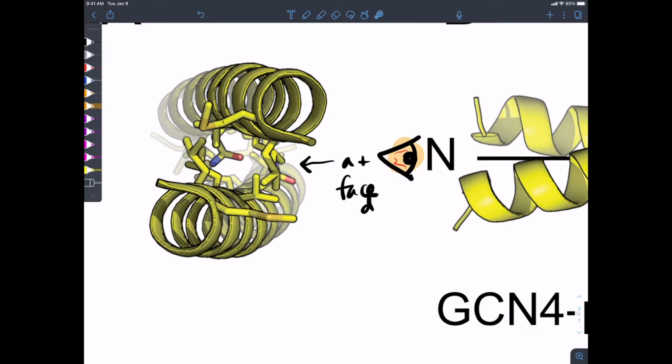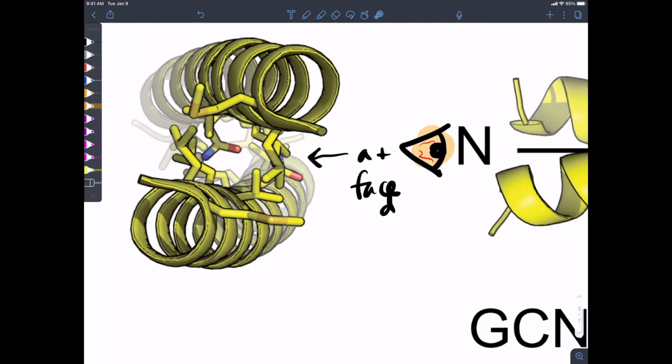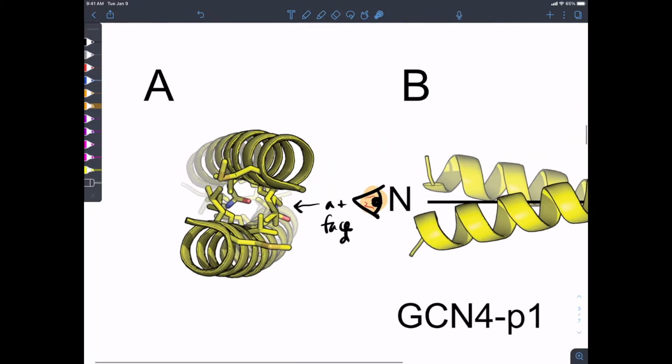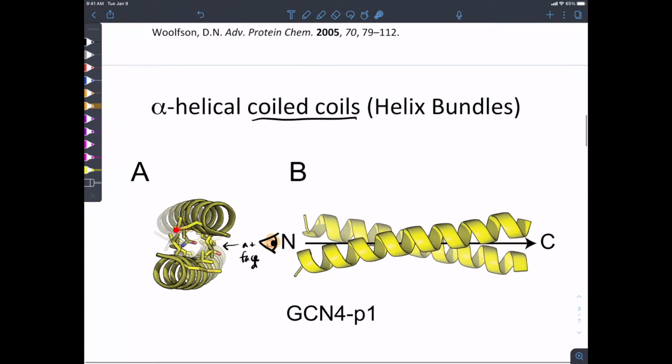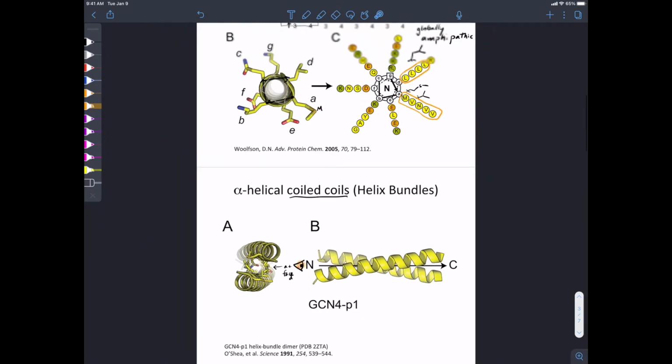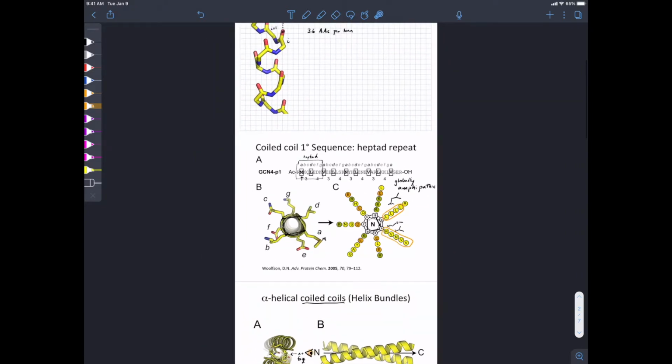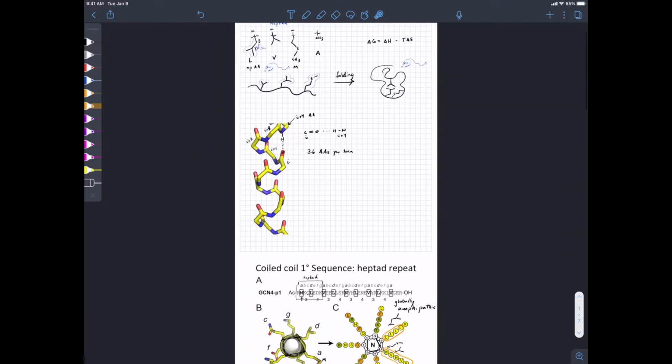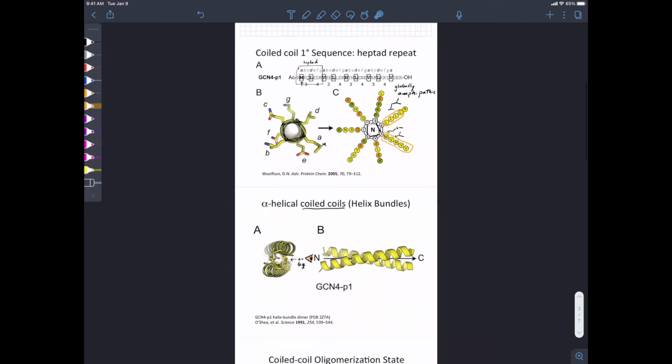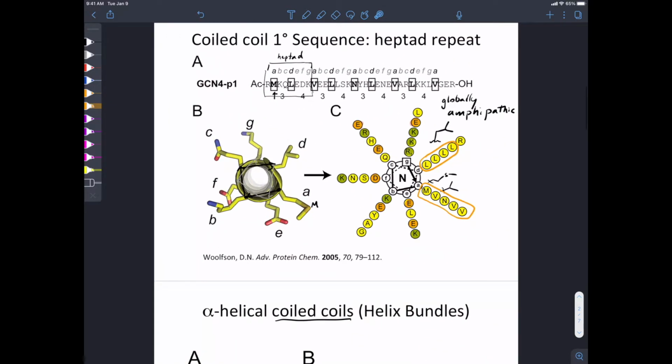And then the next layer down, here's a leucine from one helix and a leucine from the other. And if we did a space-filling model of these side chains, you would see that they're basically touching each other. And the fact that they are sequestered from water provides a lot of the driving force for formation of this structure. Okay, questions in general you want to ask about that or what's going on there?